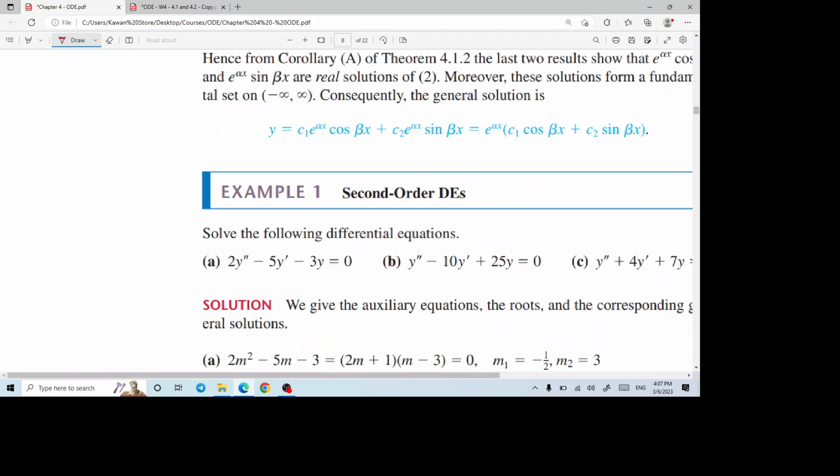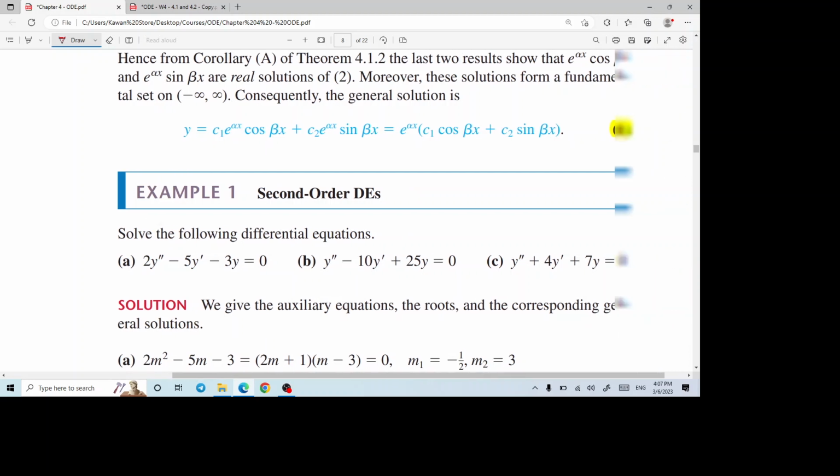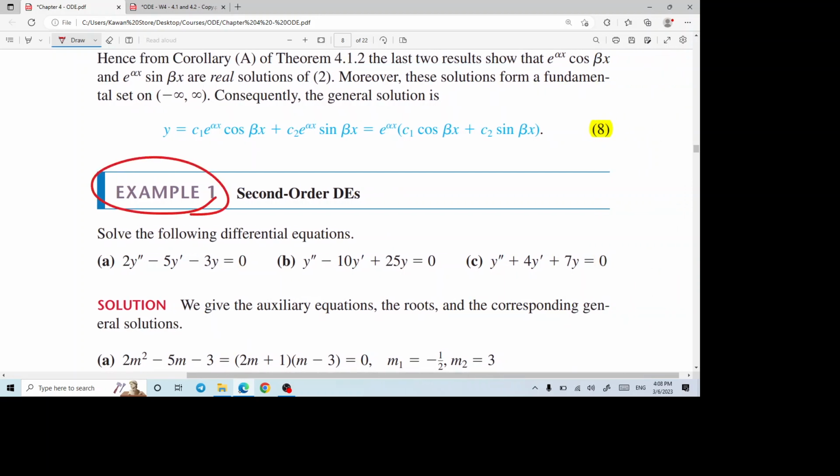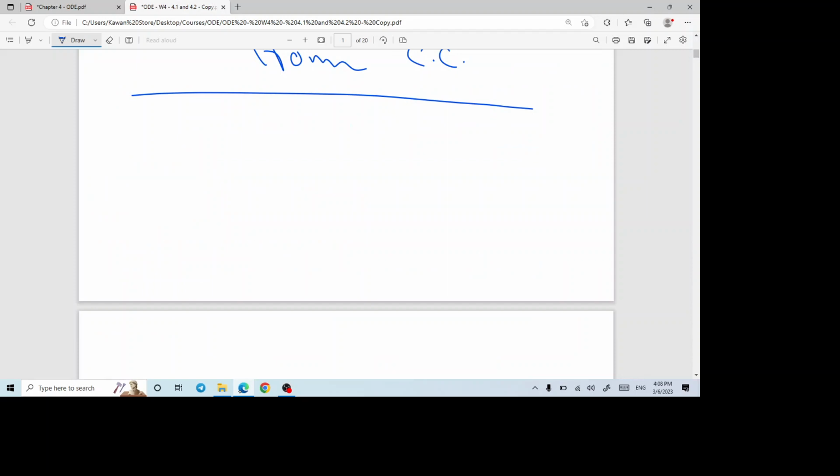If you want to understand the previous section, you just need to review example number 1, every single case we have here. So when we are going to solve that one, 2y double prime minus 5y prime minus 3y equal to 0.